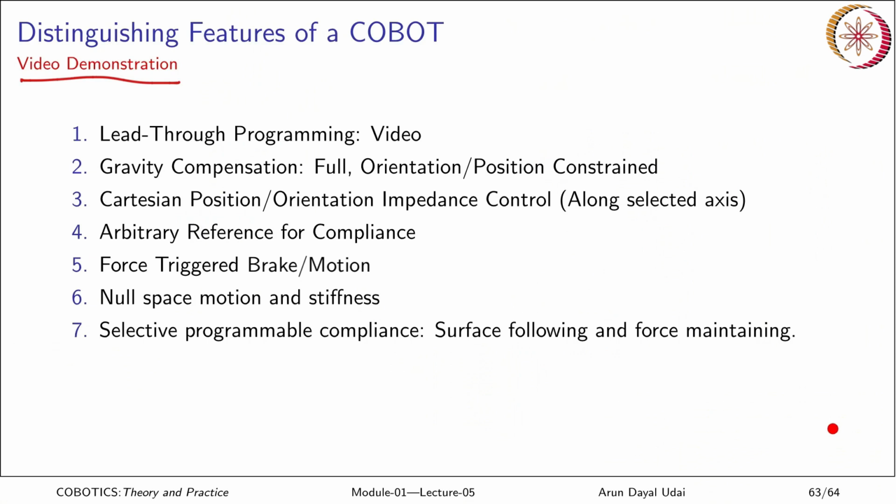So, these are a few videos that you have seen: lead through programming, gravity compensation, Cartesian positioning, impedance control along each selected axis, arbitrary reference compliance, force triggered brake or motion, null space motion, and selective programmable compliance. So, these are some of the capabilities of a standard cobot which you should look for if you are looking for a good cobot.